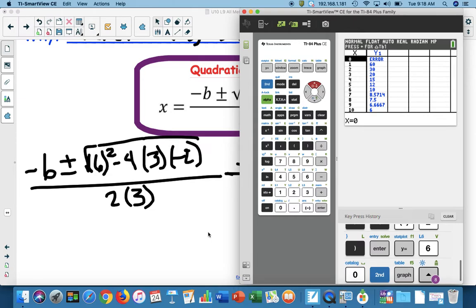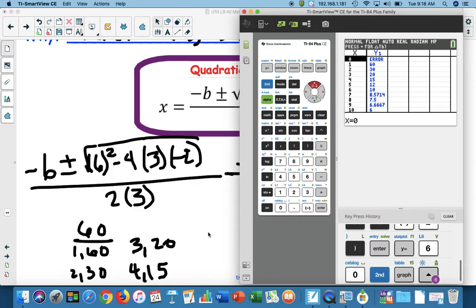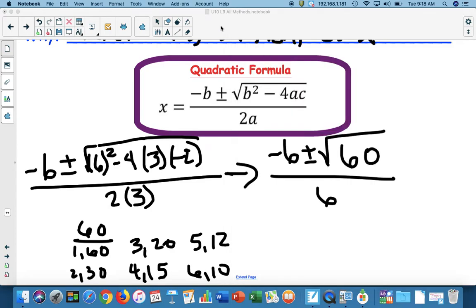So factors of 60: we have 1 and 60, 2 and 30, 3 and 20, 4 and 15, 5 and 12, 6 and 10. And that's the last factor, 6 and 10. So these are all my factors. Let's go back to our screen now. These are all my factors right here.